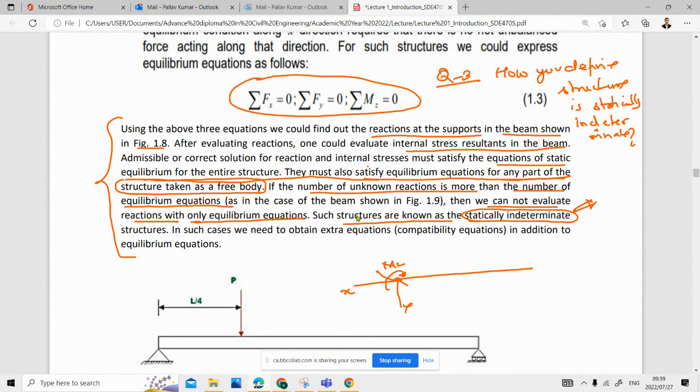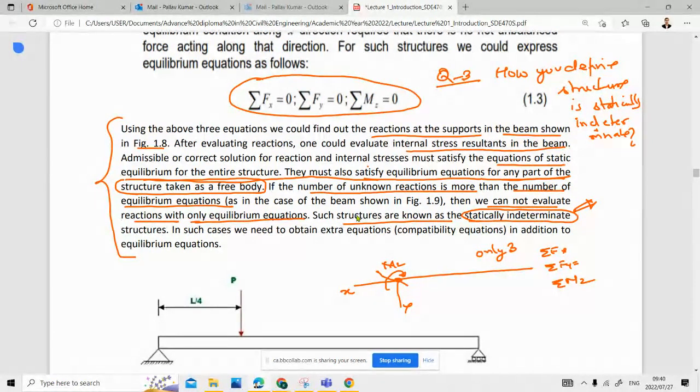So at any point in a frame or in a rigid structure, you have only 3 available equations: the summation of Fx, summation of Fy, and the rotation along the z direction. Is it clear, Ethan? Yes.